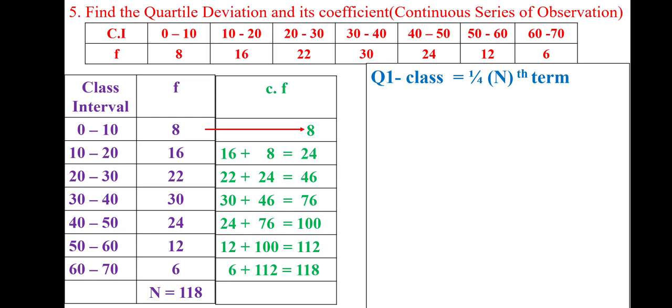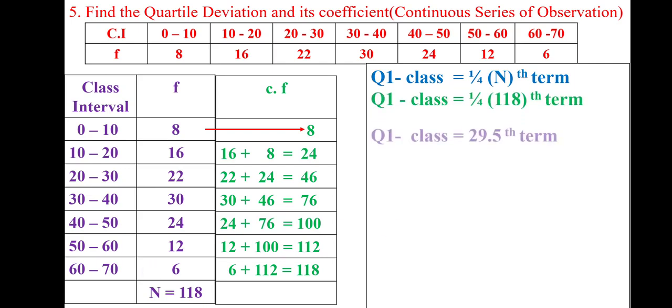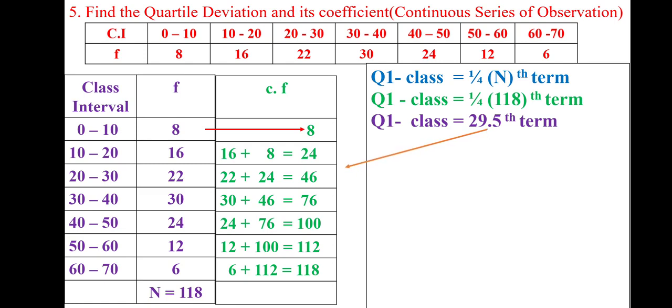N is here 118. So we can substitute 118 divided by 4, 29.5. 29.5, where does it lie? It lies between 24 and 46. In that, maximum value will be considered. That row is called as Q1 class. Now Q1 class equal to 20 to 30.